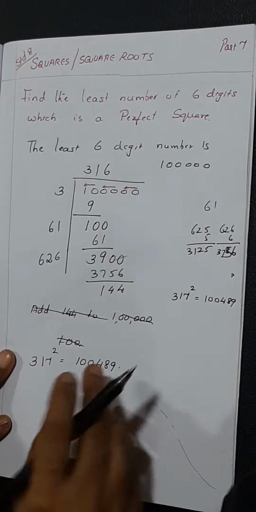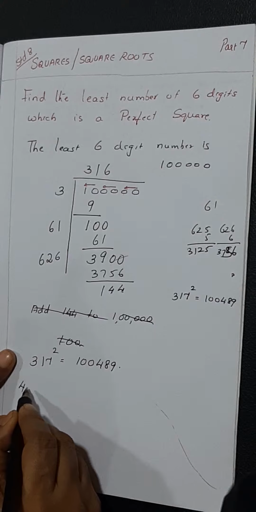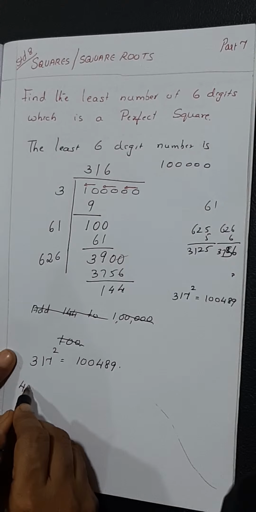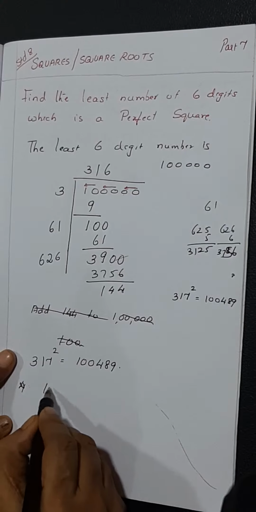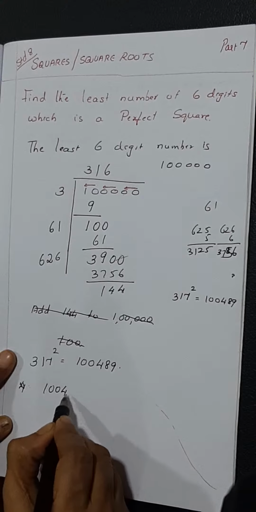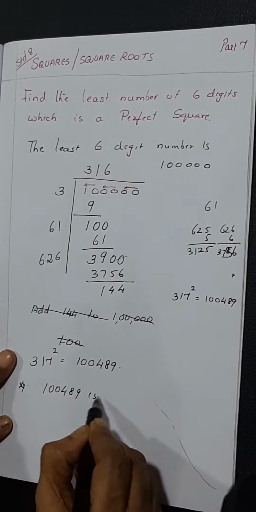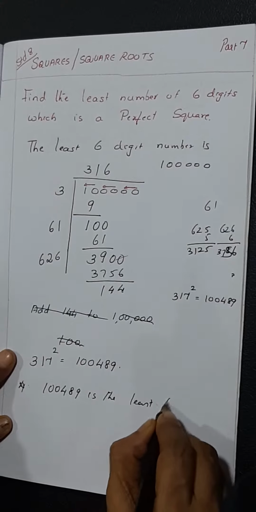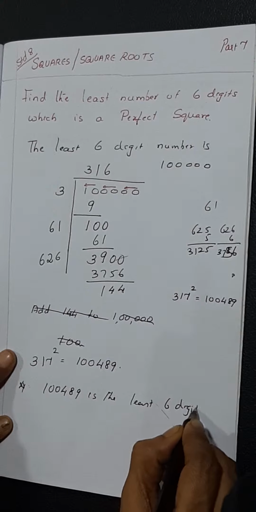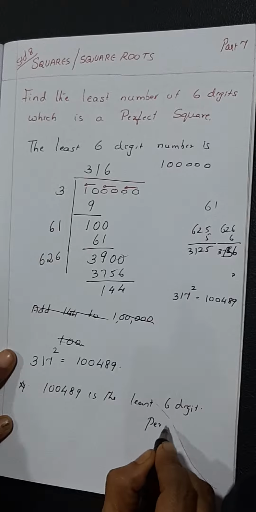So 489 is the number you have to add, so 1 lakh 489 is the least 6 digit perfect square.